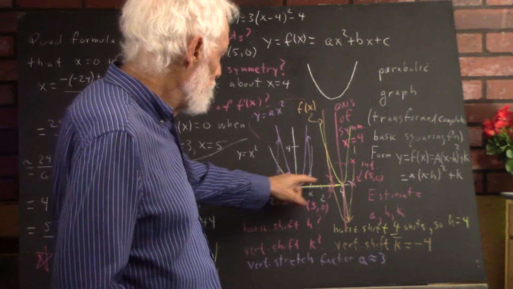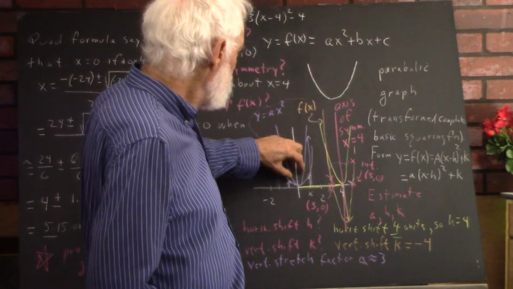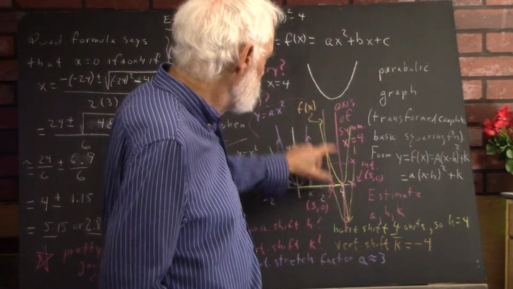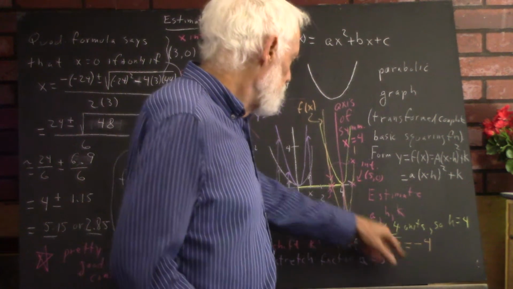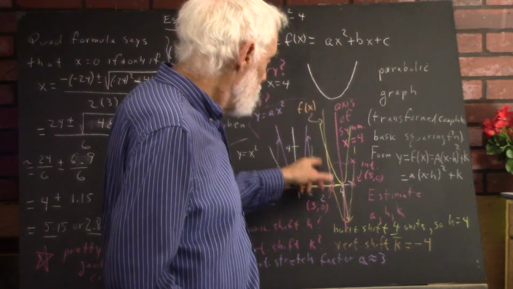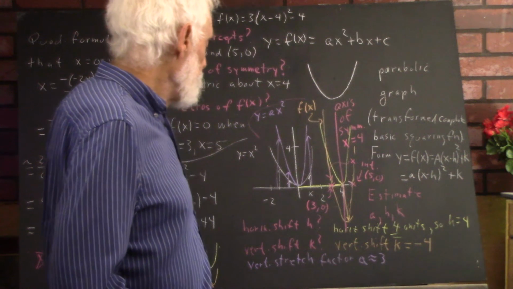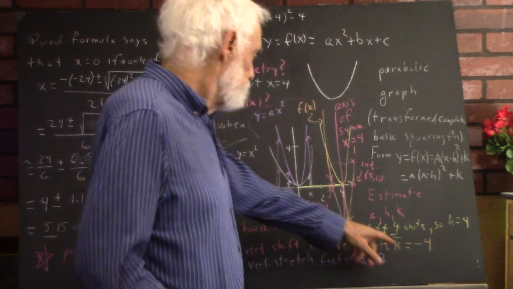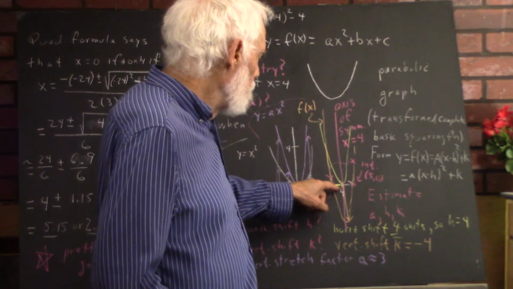that our horizontal shift was about 4 units. So we went from here to here. This yellow arrow here shows us that we shifted this purple graph over 4 units to get the yellow graph, and then estimated that we shifted down 4 units to get the orange graph. Okay, those are very reasonable estimates. So that tells us that we have 4 on the x-axis.